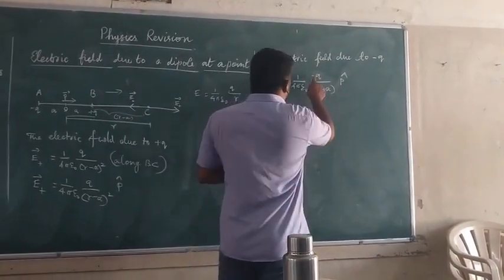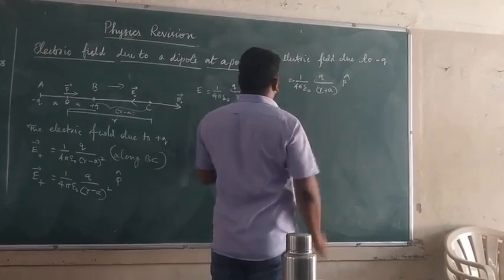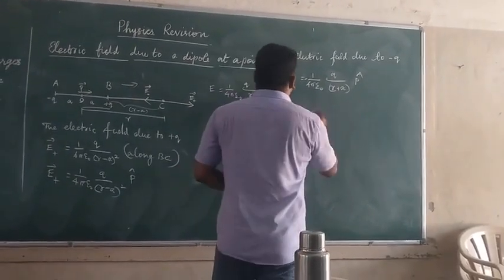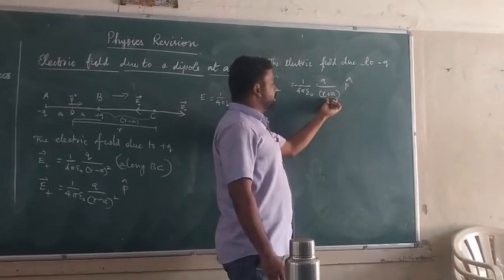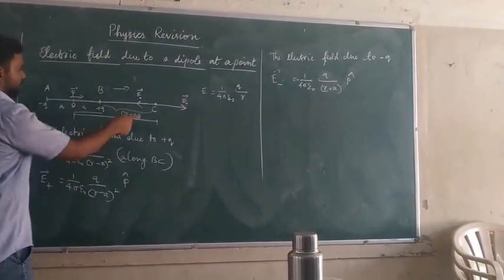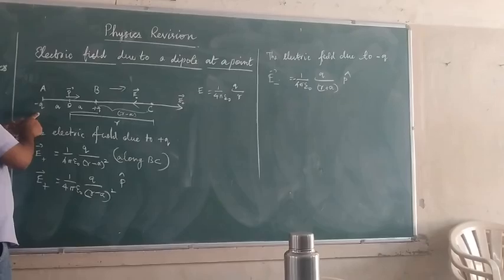So this minus sign we will place over here. So this gives a negative value, and now let us see this distance r plus a. How? We are taking the distance from C to the minus charge.